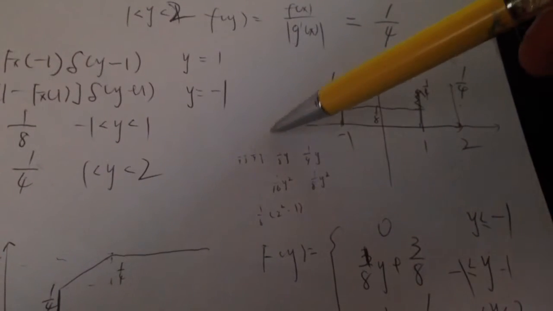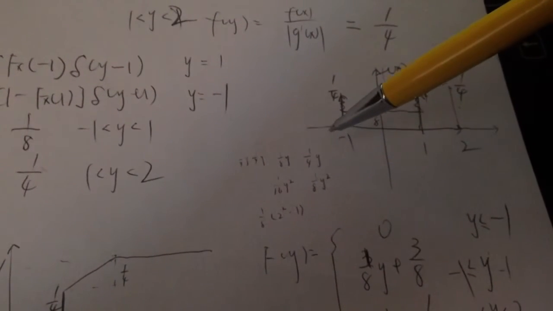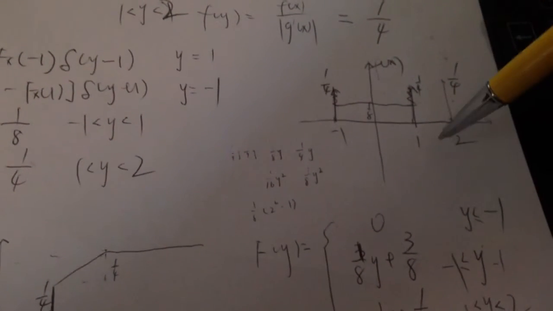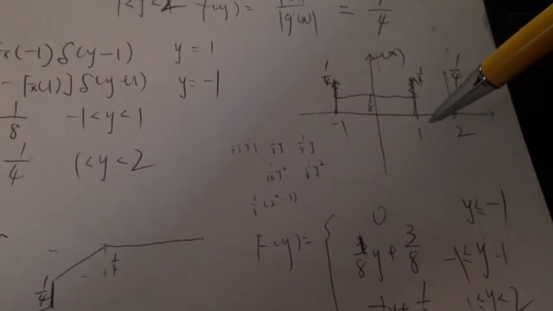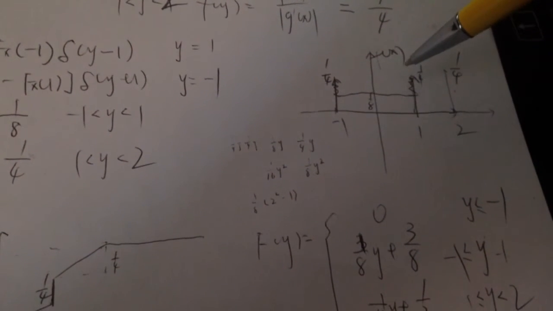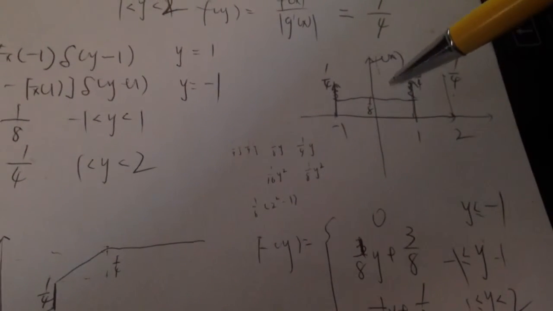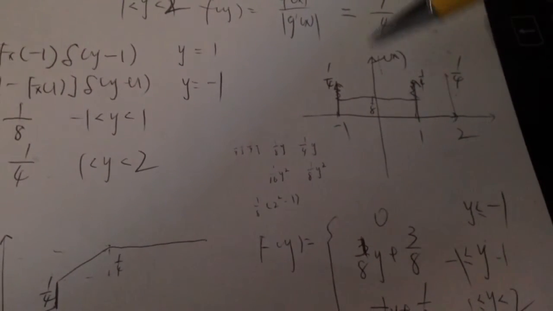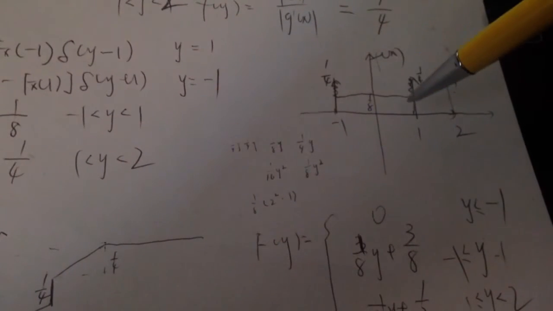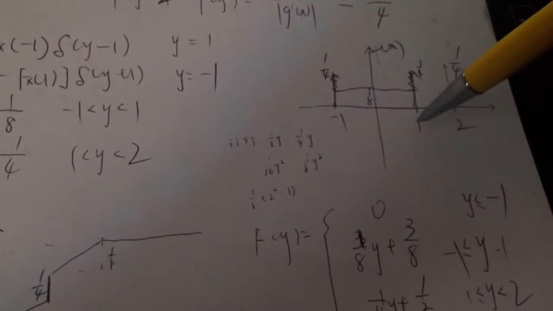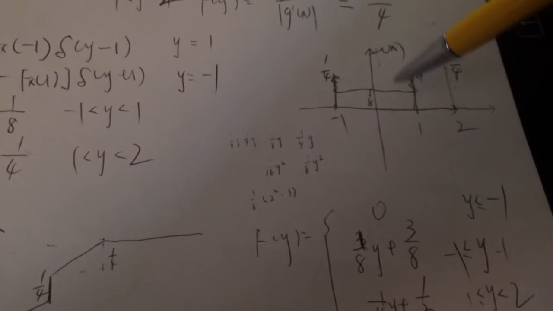It looks like this. When y is -1, the value is 1/4. When y is 1, the value is 1/4, and when y is between -1 and 1, the value of f of y should be 1/8, and when y is 2, the value should be 1/4.